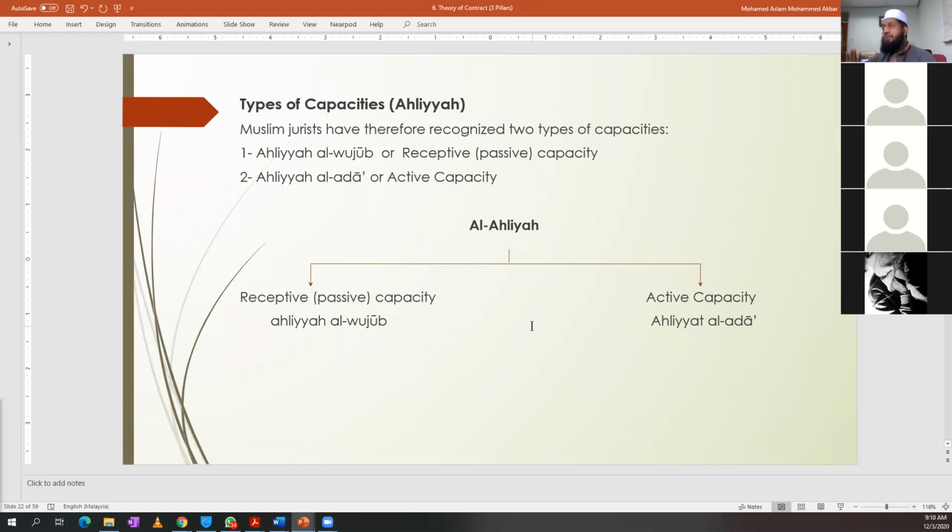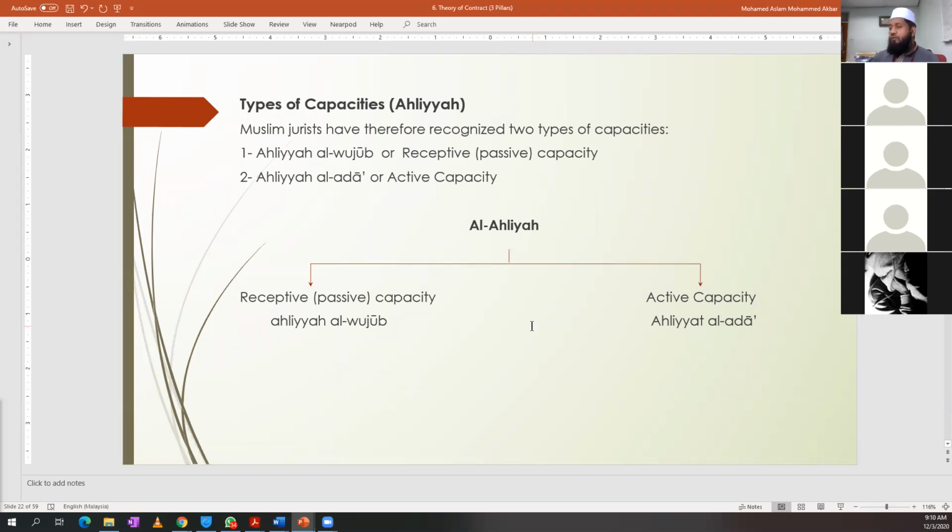You have two types of capacities. Number one is receptive capacity. The other one is active capacity. In Arabic, they call them ahliya al-wujub and ahliya al-ada. Now we need to know the examples for these two capacities.